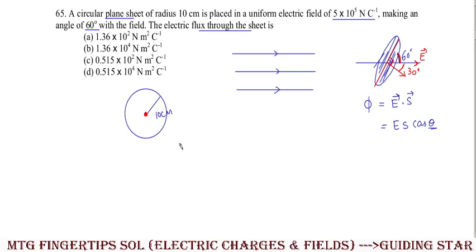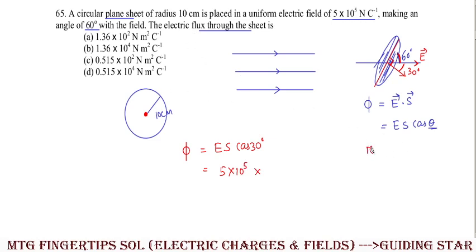So here, in this particular case, the formula for flux will be E S cos 30 degree. The electric field is given: 5 into 10 to the power 5 Newton per coulomb. The area is not given, but the radius of the circular sheet is given.